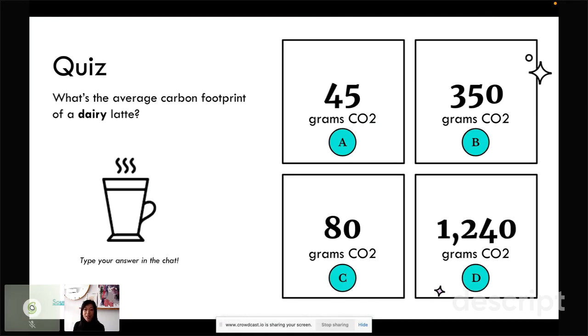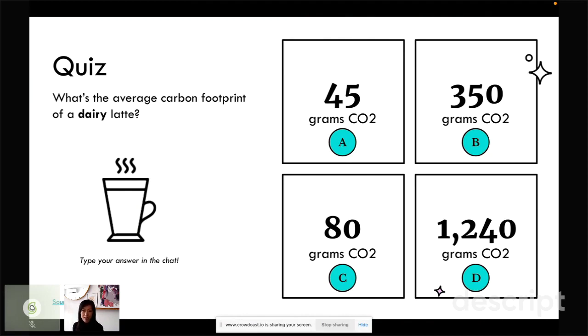Now, what about the average carbon footprint of a dairy latte? Where do you think that is? Okay, Joachim says B. Shireen's B. Kristen says B. We've got some D's in there.